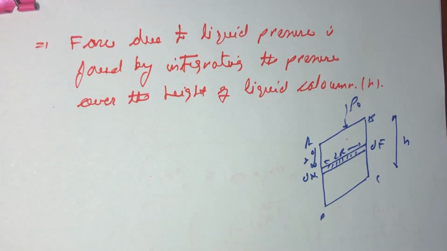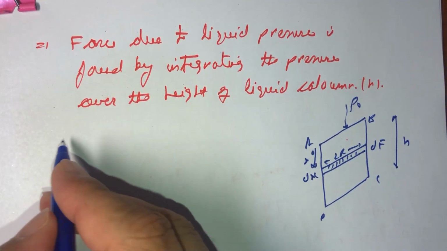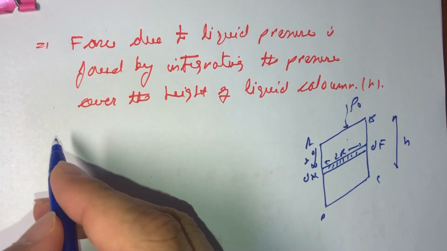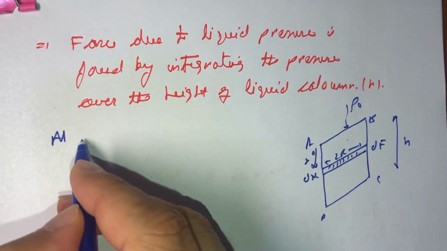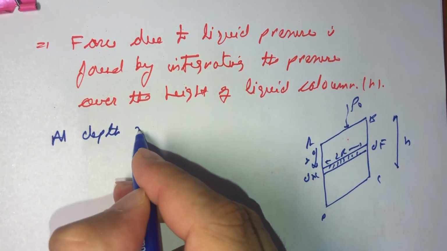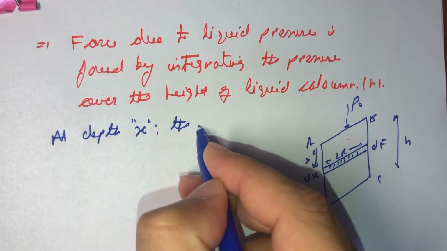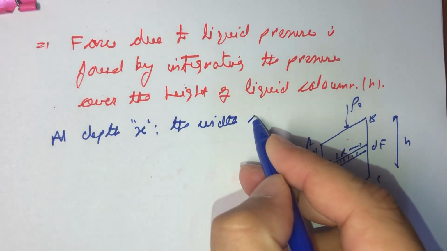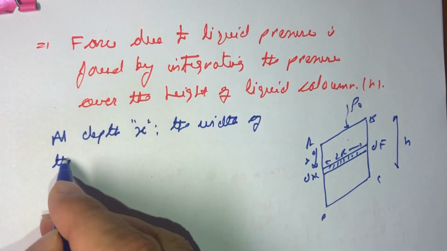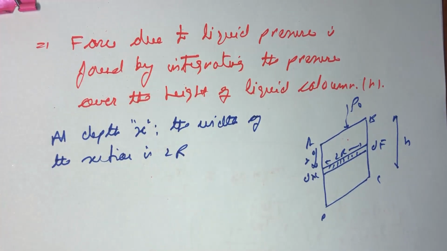So at depth x, the width of the section is 2r.